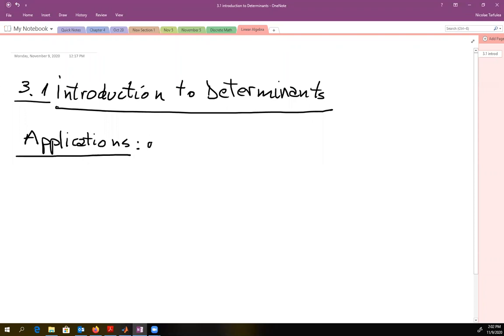One application is the area of a parallelogram.